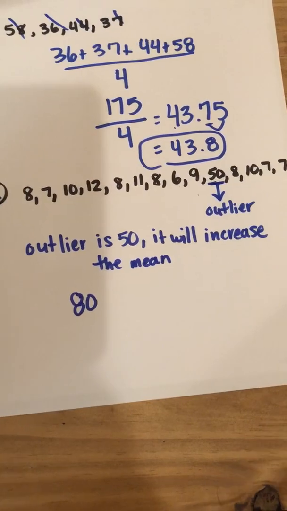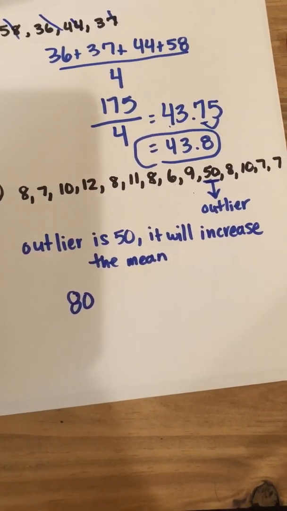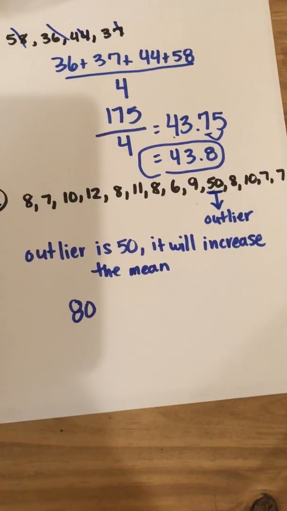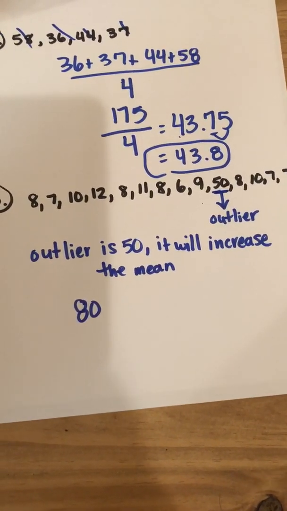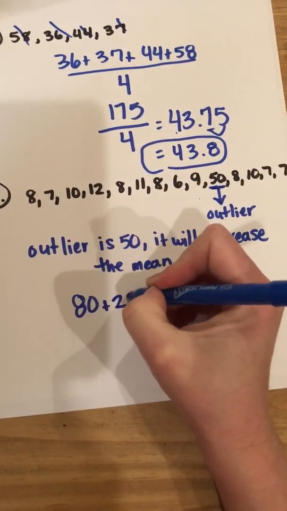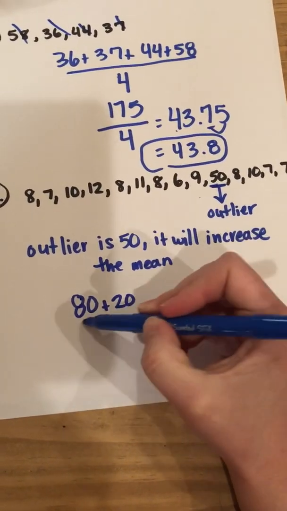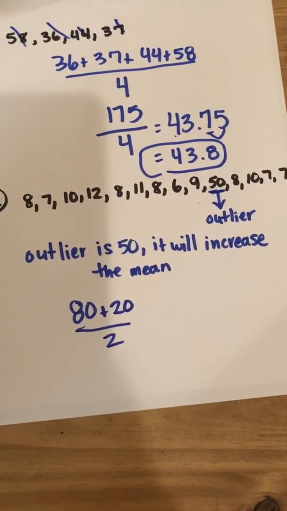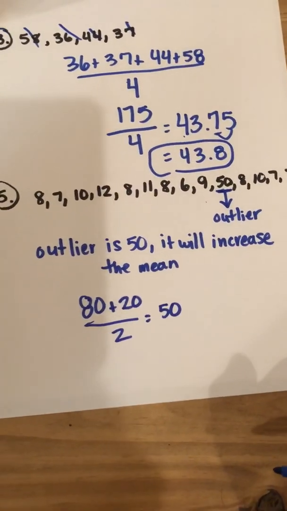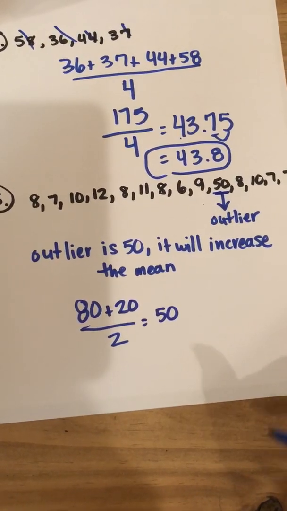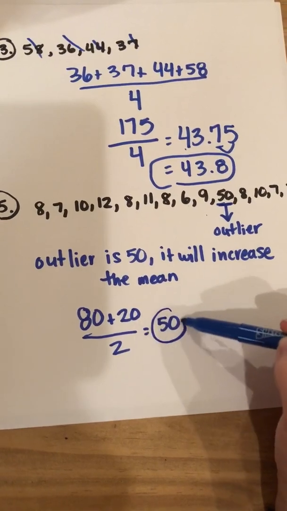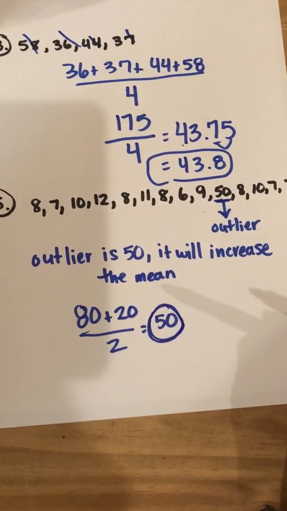If I put, I'll show you, your average grades are an 80, so they're all around 80. If I put a 20, let's say you got a 20 on a test. Okay, that's much less. And I divided that by 2. It would make that mean drop down to a 50.